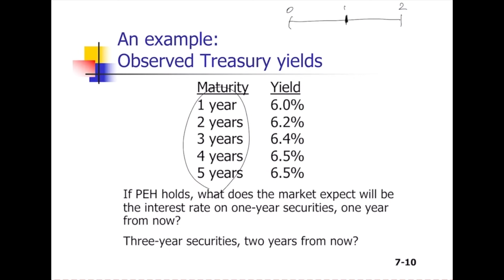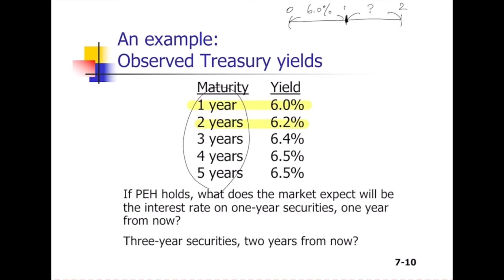And 1-year securities, this. But in the market, the bond is already traded, so we already know this 1-year bond's yield. The 1-year bond yield is here, so we can write down 6.0%. And 2-year bonds are traded at 6.2%.